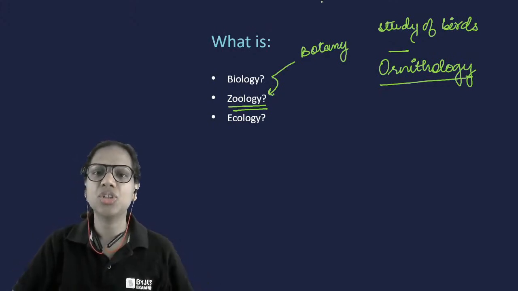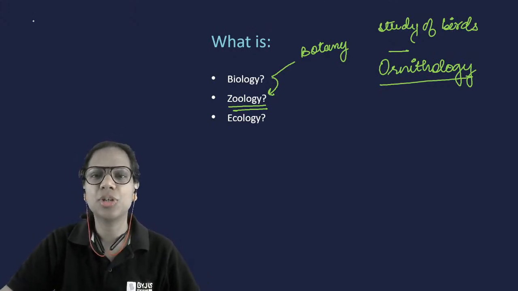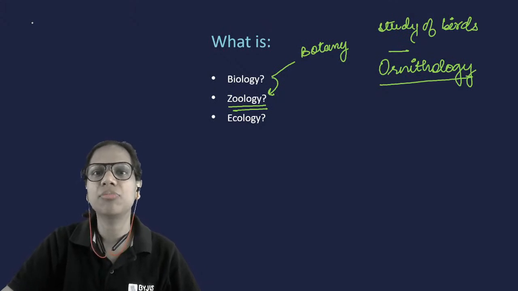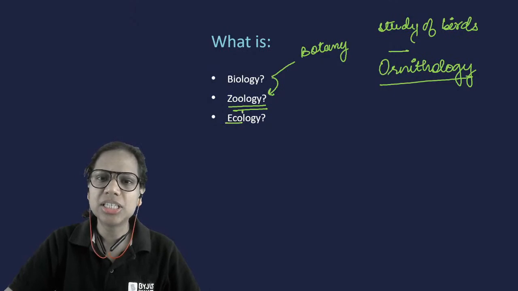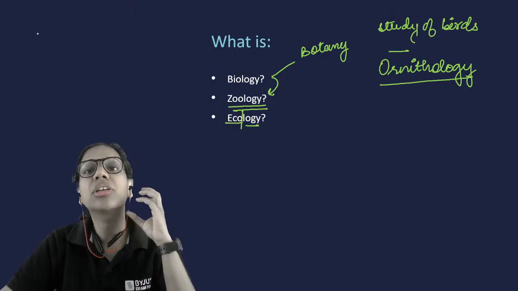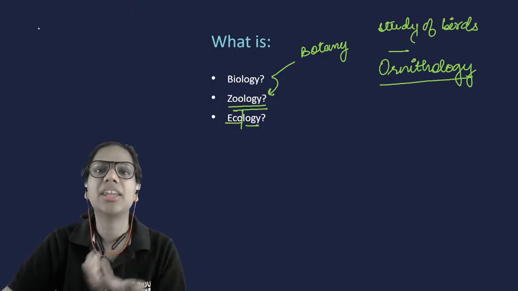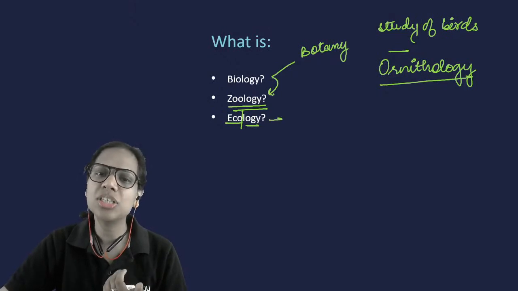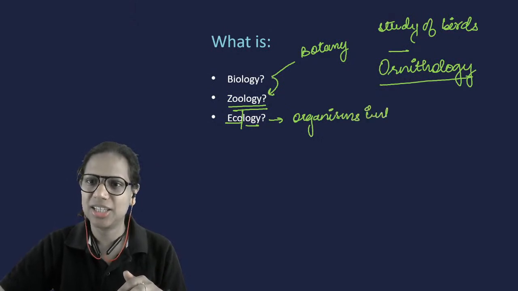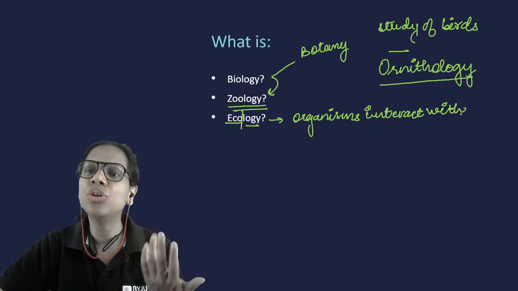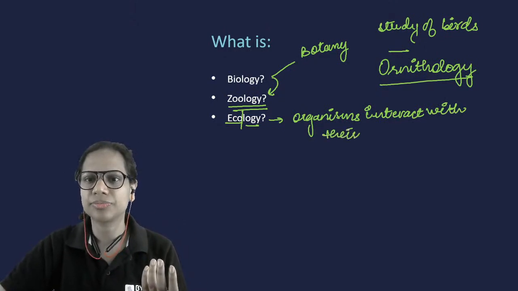Good, Sonali. So, there's a difference between ecology and environmental studies or environmental science. Ecology is concerned with how various organisms interact with their environment. So, the focus is still on living organisms, how organisms interact with the environment around them.